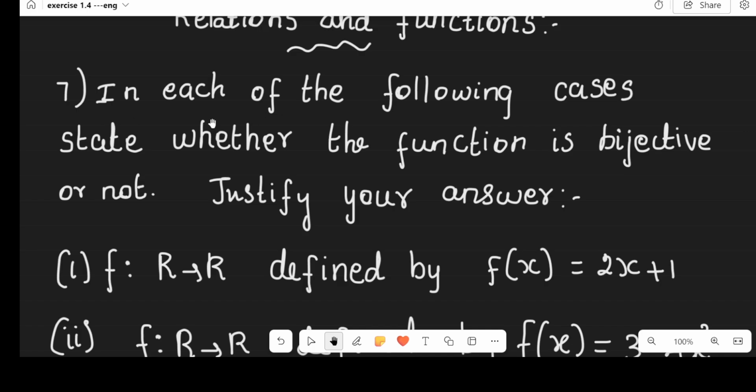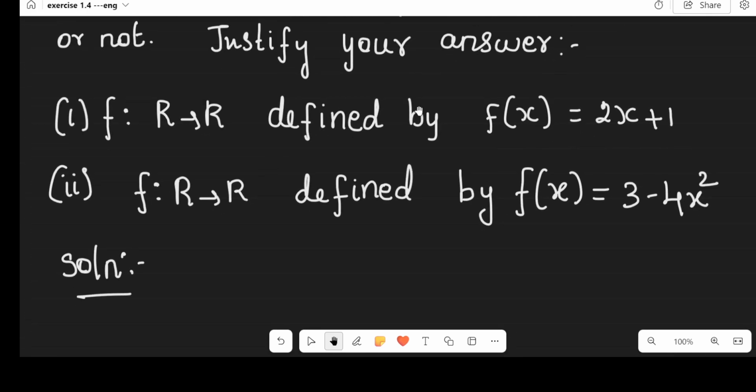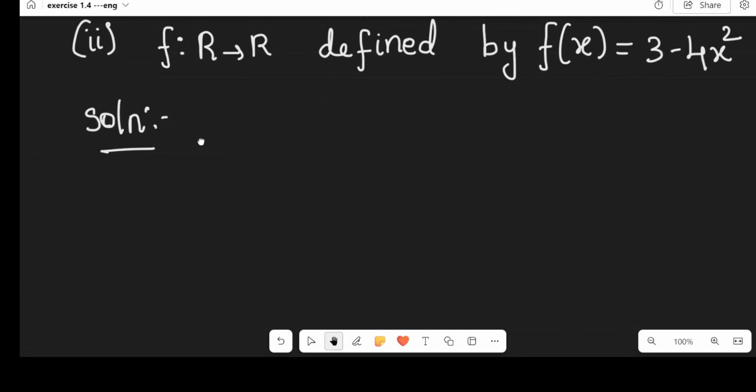Now we can start writing the solution. Here I have written the question. First question is f of x is equal to 2x plus 1. Before that, we need to know what is bijective function.